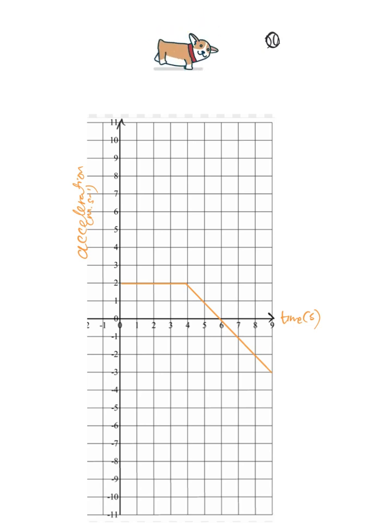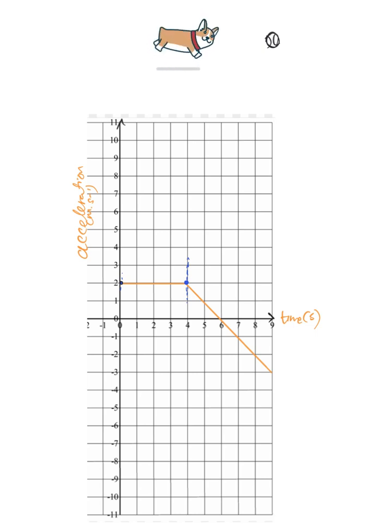There's my dog Spot, and Spot's being given a ball, and we're looking at the acceleration. It says here that Spot has a constant acceleration of, I'm going to use a blue pen, 2 meters per second squared for the first 4 seconds. So that's just the acceleration for Spot for that time.